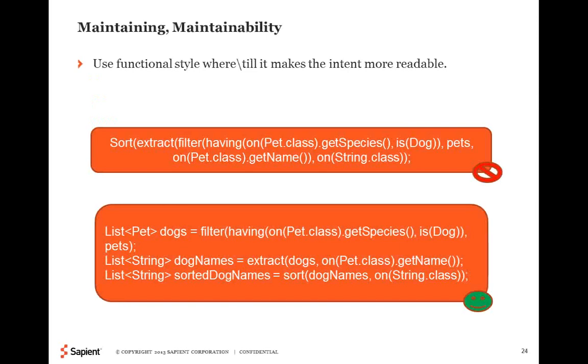So just look at these two examples. The first line, the upper one, is a pure functional programming construct, but the next one is a mixed breed, which is slightly imperative and slightly functional. You can see that the next one is actually more readable and more maintainable.